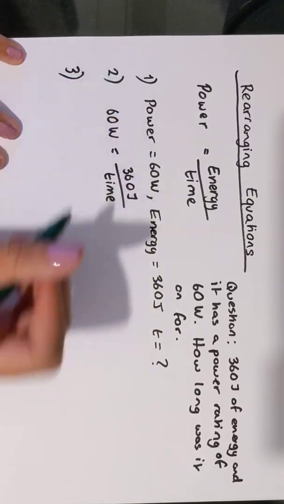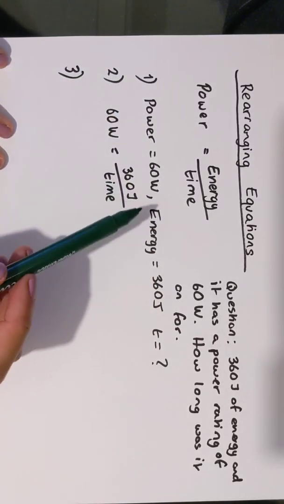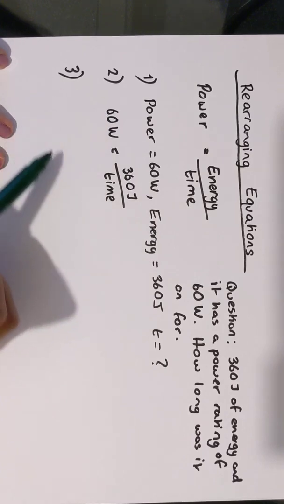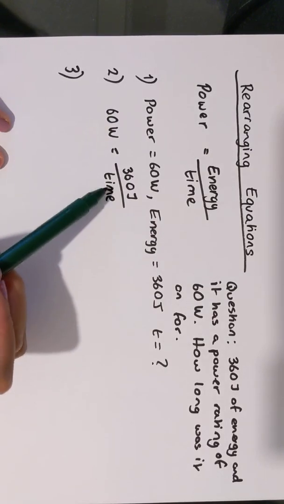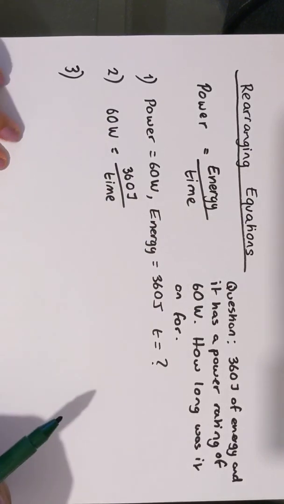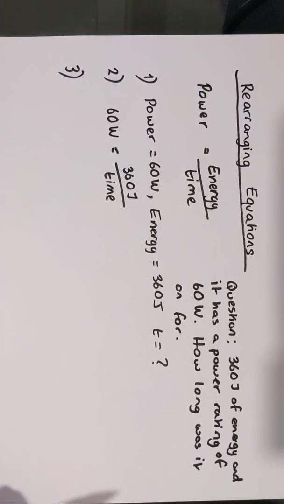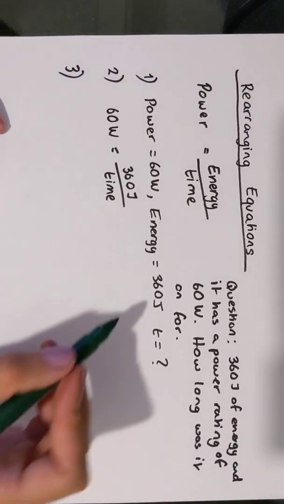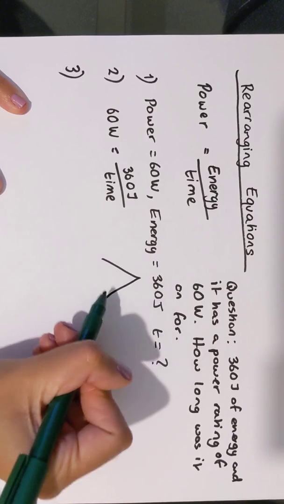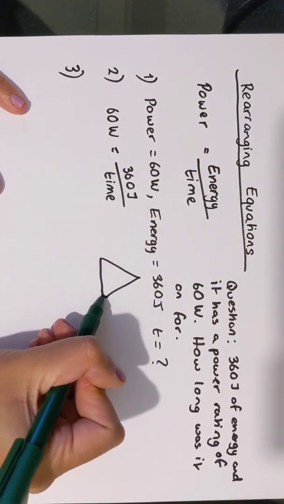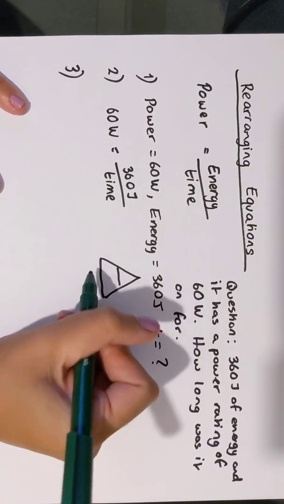Okay. Step 3 then, we need to figure out a way of putting our equation so that we've got the time term on its own. Now, I like a formula triangle for these simple equations.